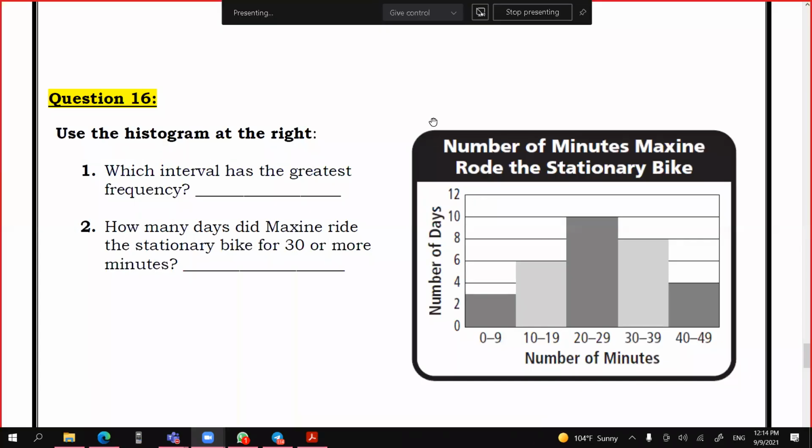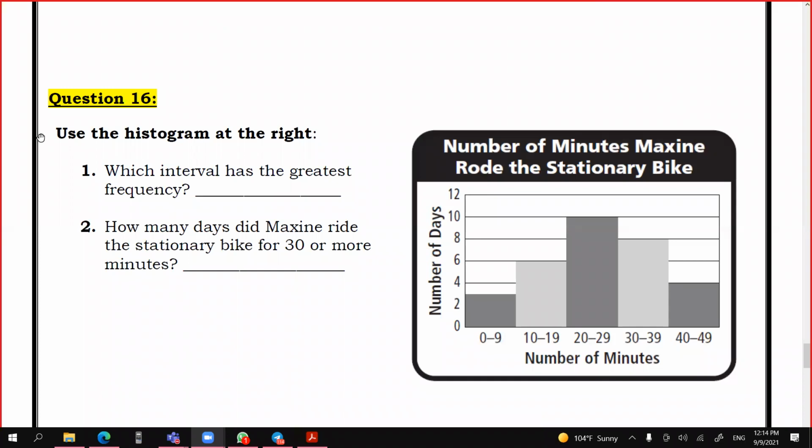Question number 16. Use the histogram at the right. Here we have a histogram for the number of minutes Maxine rode the stationary bike. The number of days that she spent from 0 to 9 minutes is 3.